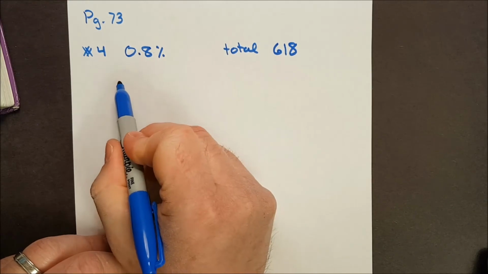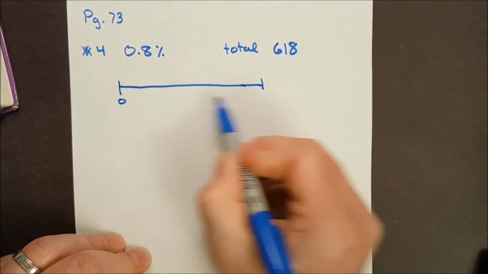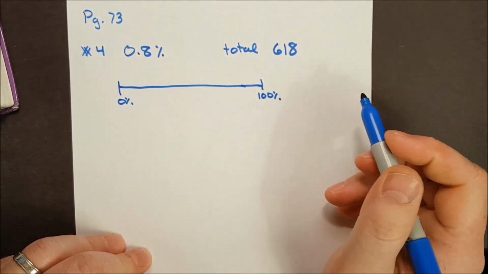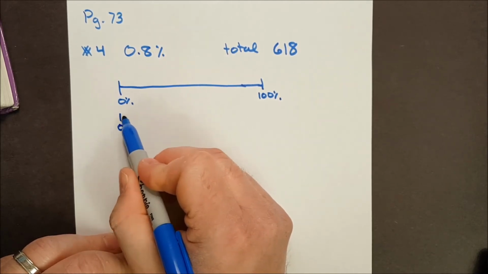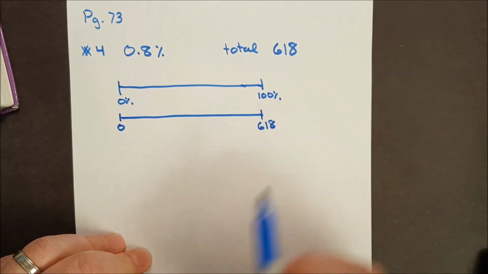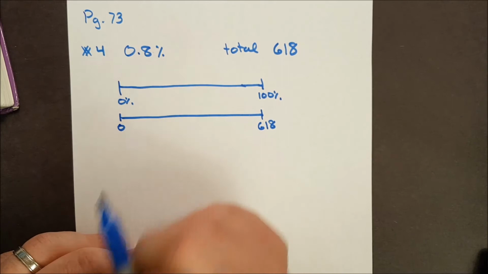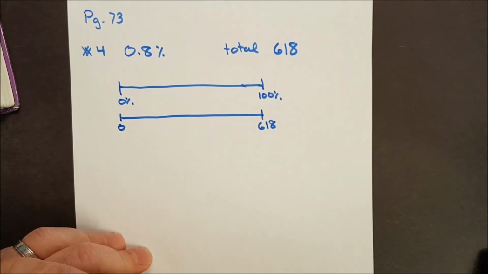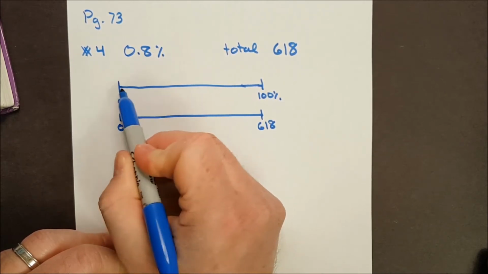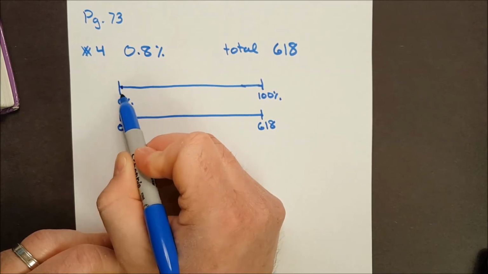Okay, we draw our trusty diagrams here, 0% to 100%, and 0 to 618, which is 100% total participants. But only 0.8% completed the marathon. So 0.8 is not even 1%. It's like right here somewhere. So a very small amount of people completed the race.